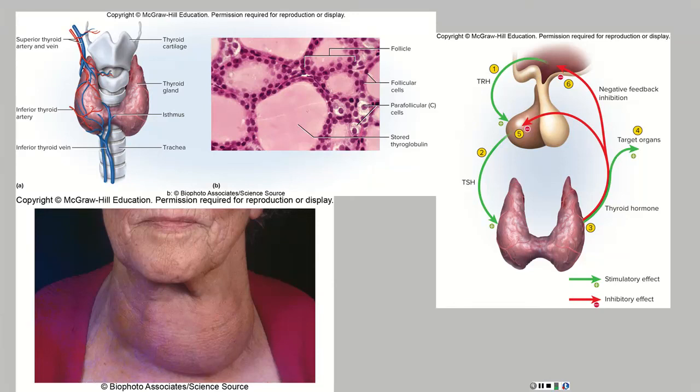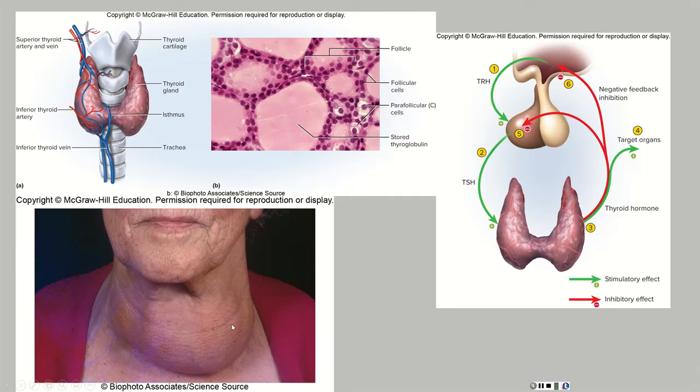So goiter results from overstimulation of the thyroid follicles. And that's exactly what we're doing. Even though the anterior pituitary isn't telling the thyroid to make T3, T4, that antibody is making the thyroid make T3, T4, so we're overstimulating the thyroid follicles, and we can get goiter.